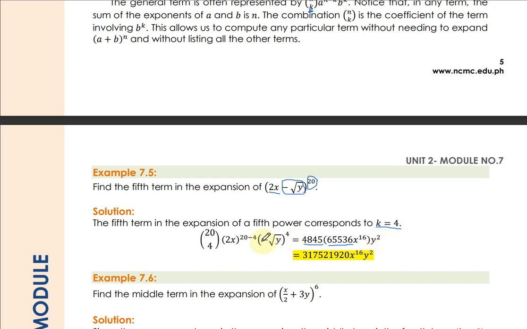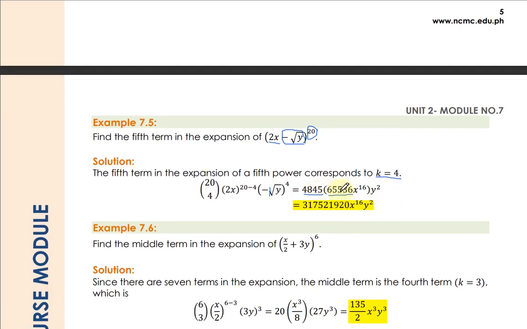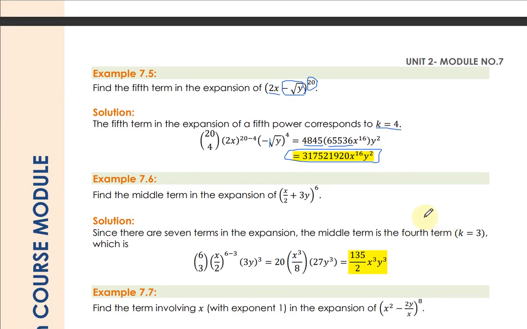The negative sign disappears because negative 1 to the power of 4 is equal to positive 1. Square root of y to the power of 4 is equal to y squared. Then you multiply the constants and you will find the answer. So that is how to find the fifth term.